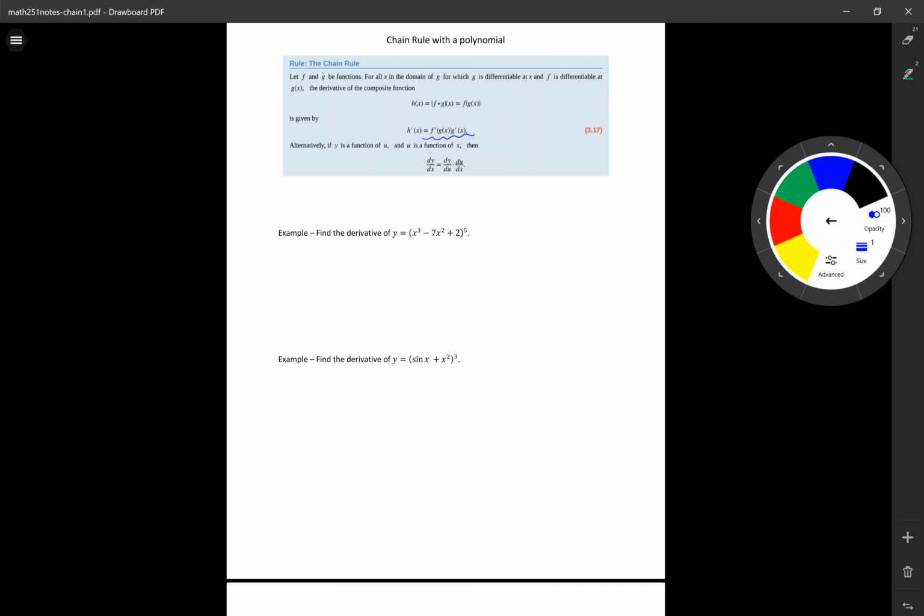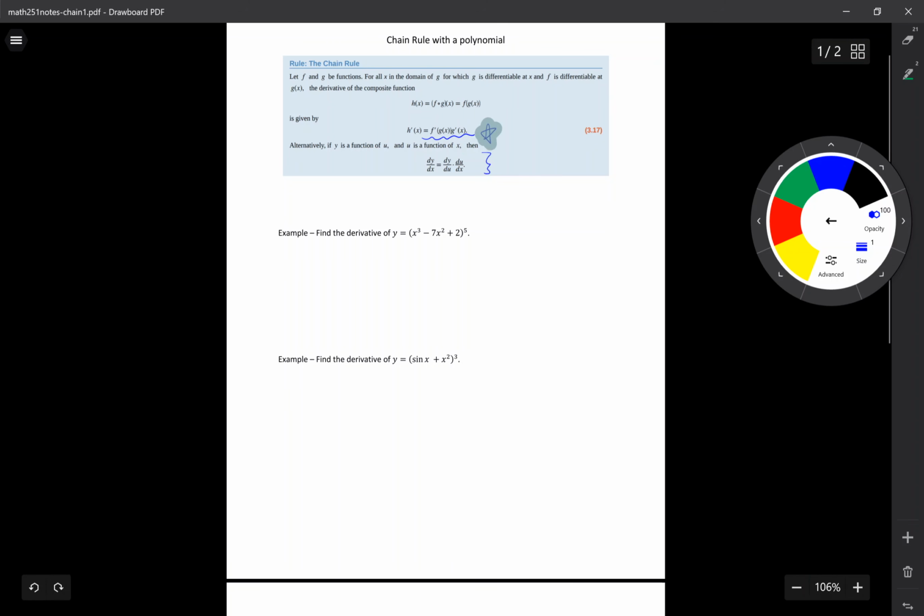This is how we will usually deal with composite functions in terms of f and g, but there is another kind of way to view these kinds of composite functions, and that is in terms of a function of y, which is a function of u, and u is a function of x, and then we have this formula as well, but most often we will be using the one up here.